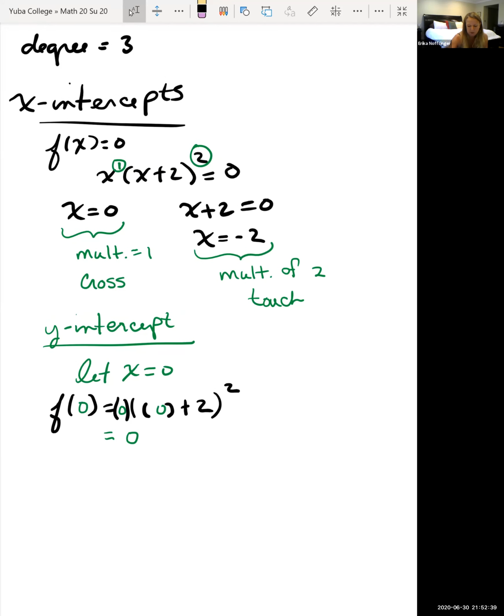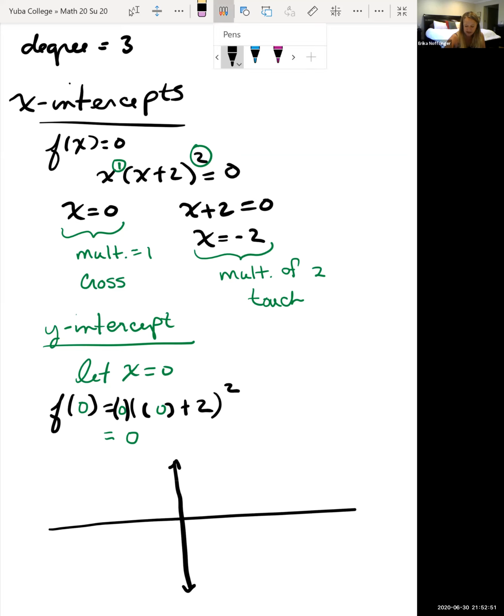Okay, so we want to put the pieces together. We know we have a point at (0, 0). We also know we have a point when x is negative 2, so (negative 2, 0).